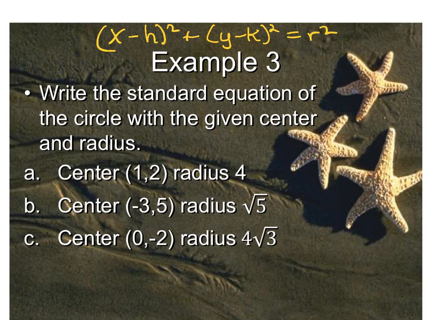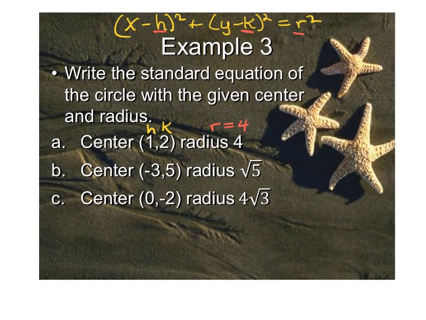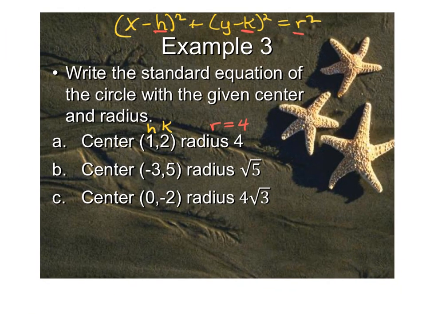Remember the ordered pair that they identify for you as the center. This is h, this is k. Now I'm just going to replace the h, the k, and the r, because this is my r, into the formula for each one of the examples. So let's try the first one.